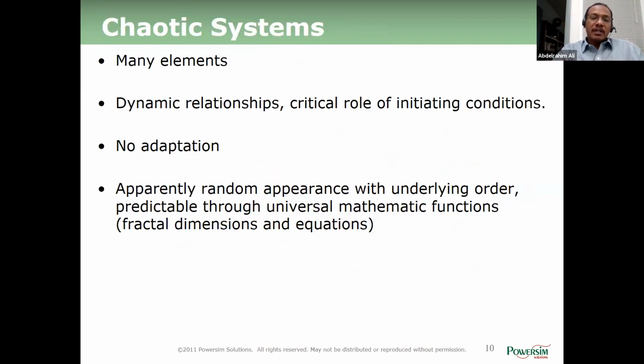In the chaotic systems, there are many elements. Dynamics come into play here. There are dynamic relationships, a critical role of the initial conditions, and no adaptation in these systems. And apparently there is random ordering. For example, one of the chaotic systems will push you to act even before you think.